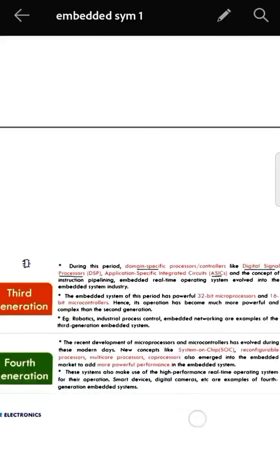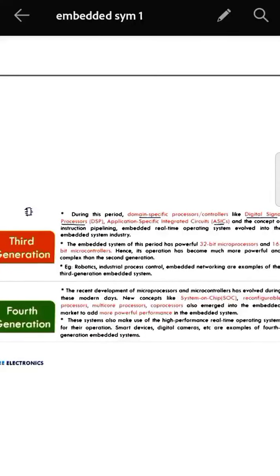Next, go for the fourth generation. In the fourth generation, they are using processors and multi-core processors. What are they using in the fourth generation? Microprocessors and microcontrollers as evolved during these modern days.